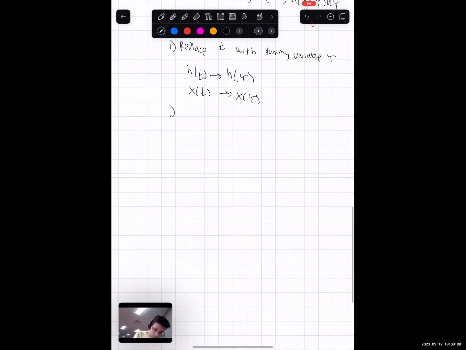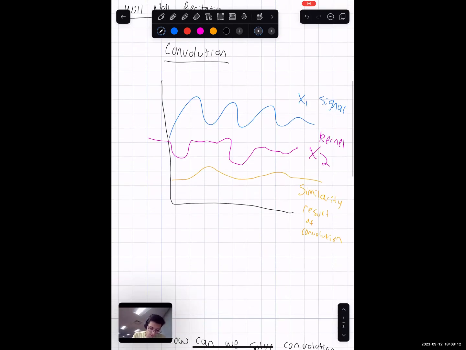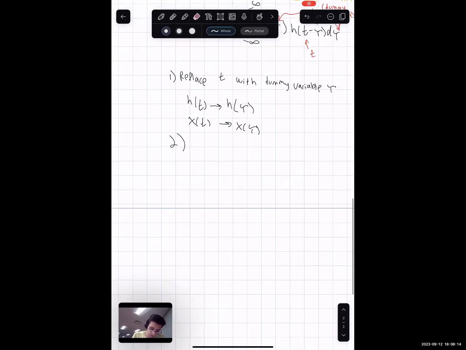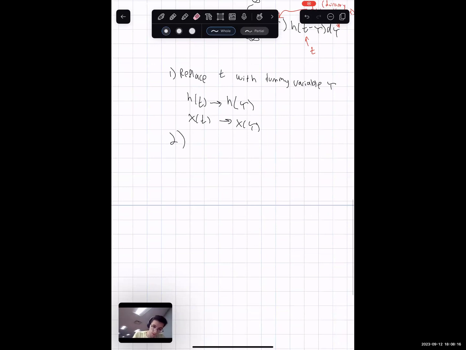Okay, so now we're going to time reflect. Remember how up here I said we're going to take the kernel and time reverse it? So now we can employ that. We are now going to time reverse the kernel. So this now becomes h of negative tau. Remember our signal transformations.